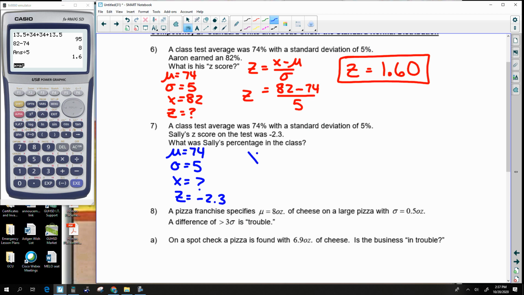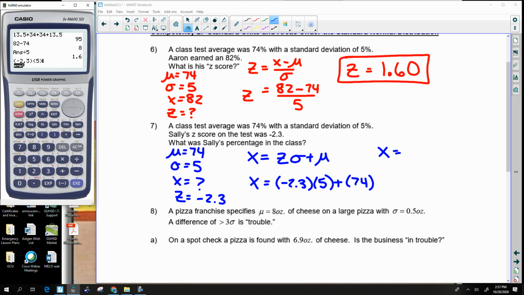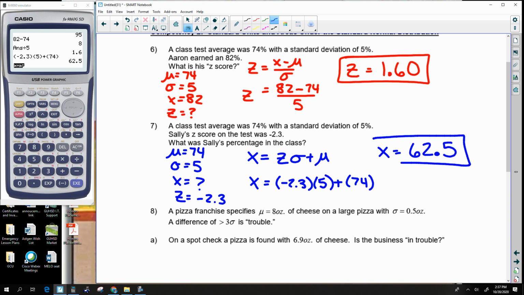So this is asking for the X. X is equal to Z sigma plus mu. So the X in this situation is going to be negative 2.3 times sigma, which is 5, plus mu, which is 74. Sally earned a miserable 62.5%.